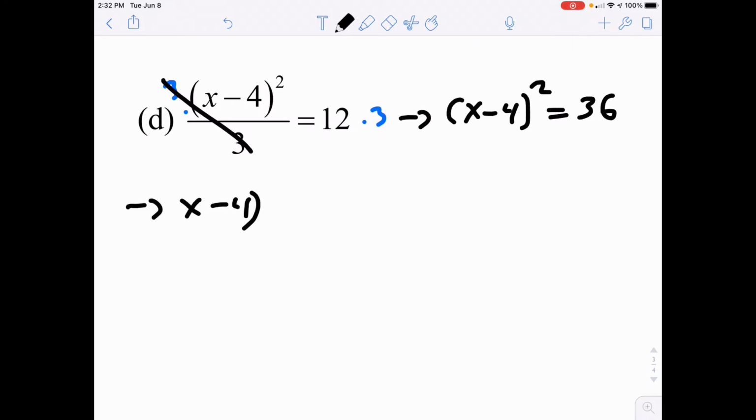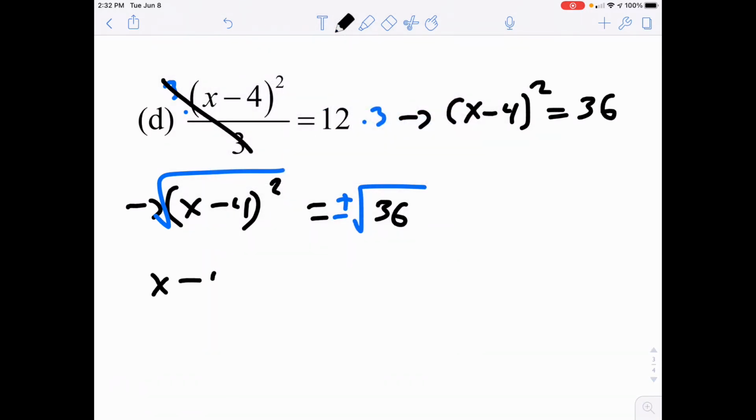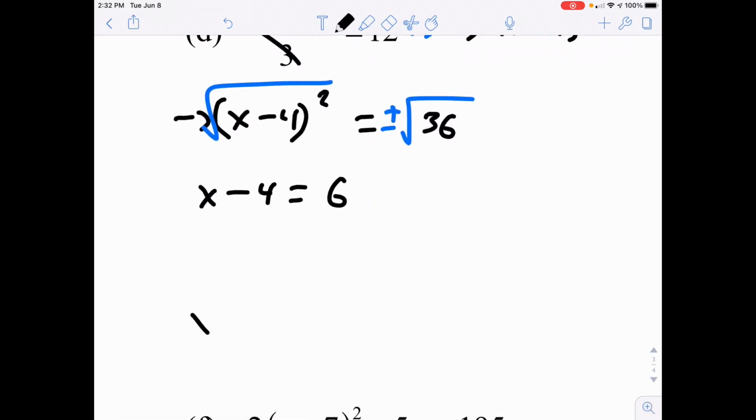I'm going to write that again. This time, my next step is I'm going to square root both sides. Plus or minus. x minus 4 equals 6, and x minus 4 equals negative 6. Remember, plus or minus.